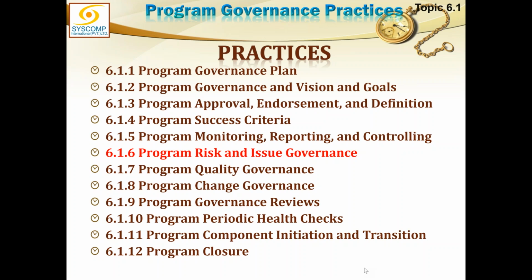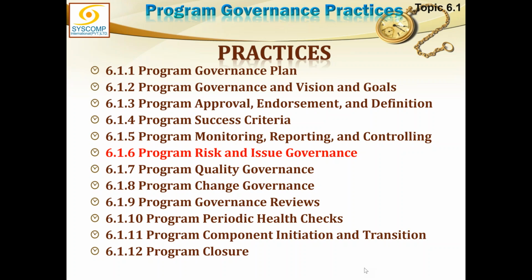And now we are going to start from program risk and issue governance. Subsequently, we will have program quality governance, program change governance, program governance reviews, program periodic health checks, program component initiation and transition, and program closure. So let us move on.